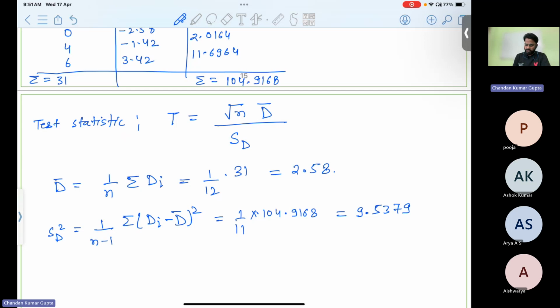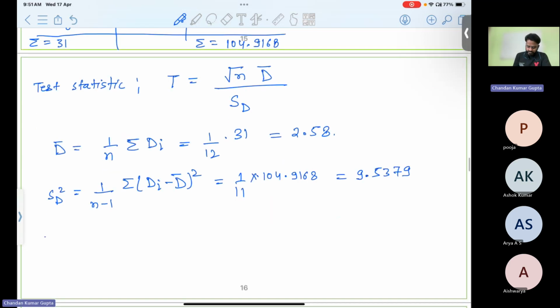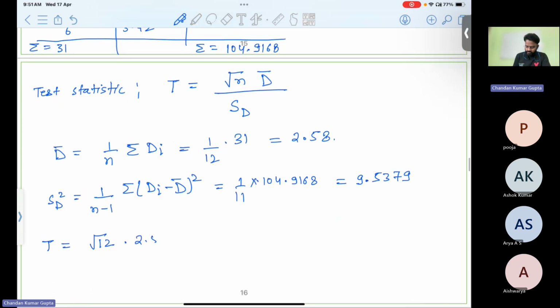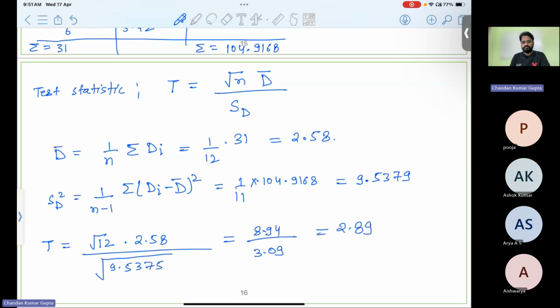Now the next step is to calculate the test statistic t, which is root n, here 12, into d bar equal to 2.58, and SD is 9.5375. Again, with the help of a calculator, it is 8.94 divided by 3.09, which is approximately equal to 2.98.